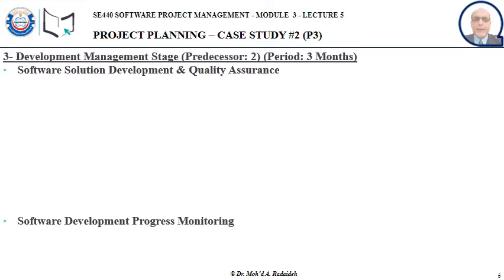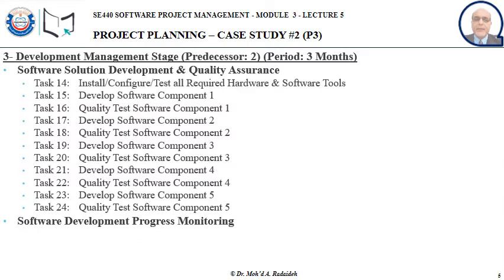The third stage, development management stage, it depends on the previous one, and it takes 3 months. It comes in 2 parts, the software solution development and the quality assurance, and the software development progress monitoring. Now, the software solution development and the quality assurance has tasks 14 through 24.